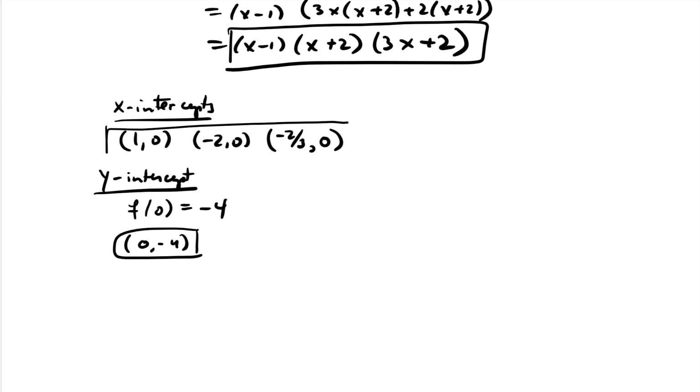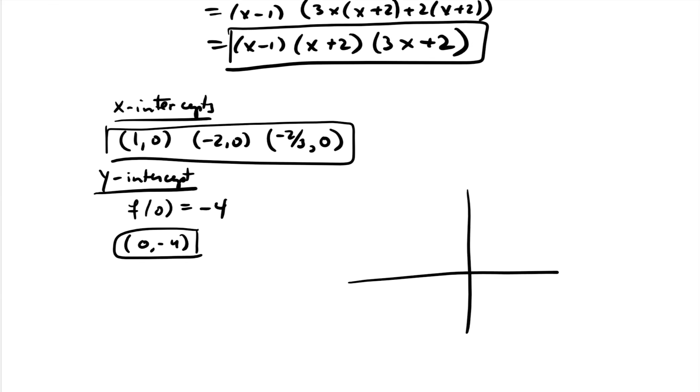Those are the x-intercepts. And from this, I could recover part of the graph. Not the entire graph, but part of it. So let's say this is 1. 2 would be minus 2, 0 would be here. So this would be 1, 0. Minus 2, 0. Let's say this is minus 1.